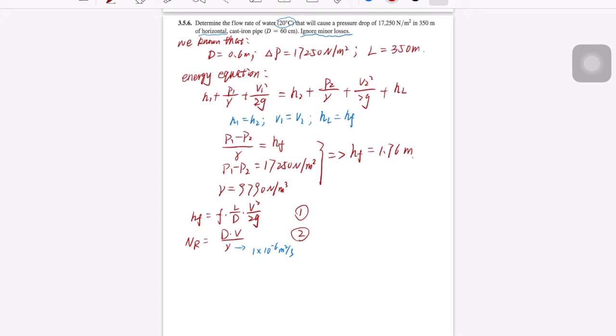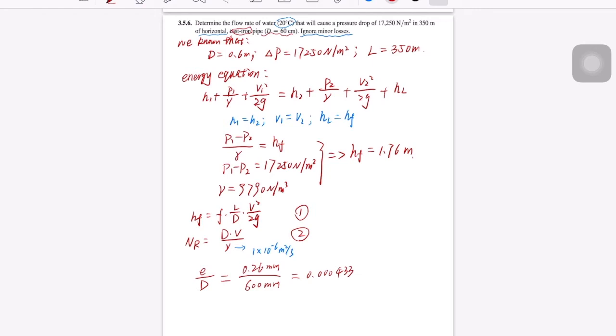However, we know this is cast iron pipe, and the diameter is 16 centimeters, so we can calculate the relative roughness equals 0.26 millimeter divided by 160 millimeter. So the relative roughness equals 0.00163.